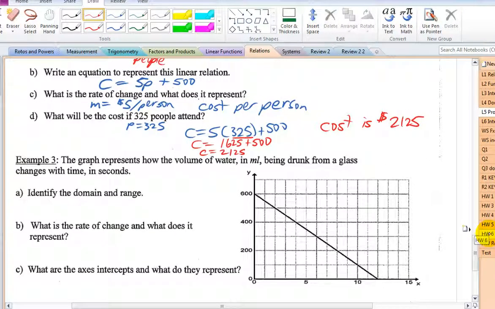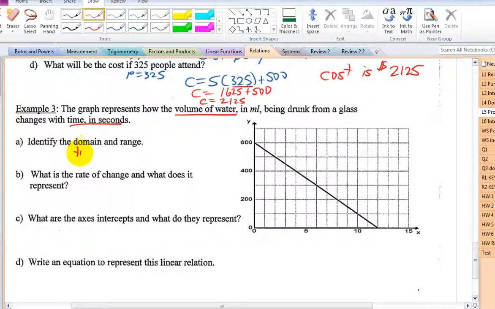Okay, next, domain and range. So now we're going to look at intercepts. We've got the volume of water and time in seconds. So what's the domain? The volume or time? Time. Okay.